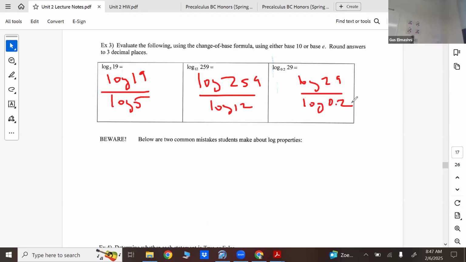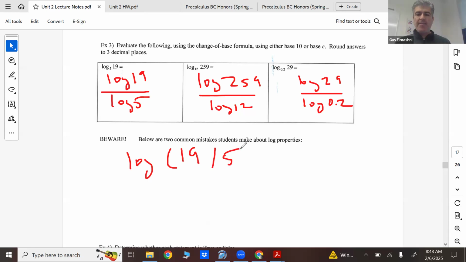I'll just do the answers quickly so we can keep moving. Be very careful. Make sure you close the parentheses in the calculator. We hit log, so you put 19.